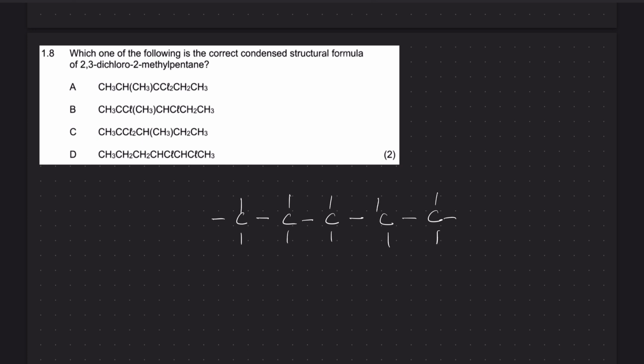You have a 2,3-dichloro, so if that's the first carbon, that's the second carbon. That means you have a chlorine there, and you'll have a chlorine on carbon 3. Then you also have a 2-methyl, meaning you're going to have a CH3 here. And pentane, so there's hydrogens everywhere else.